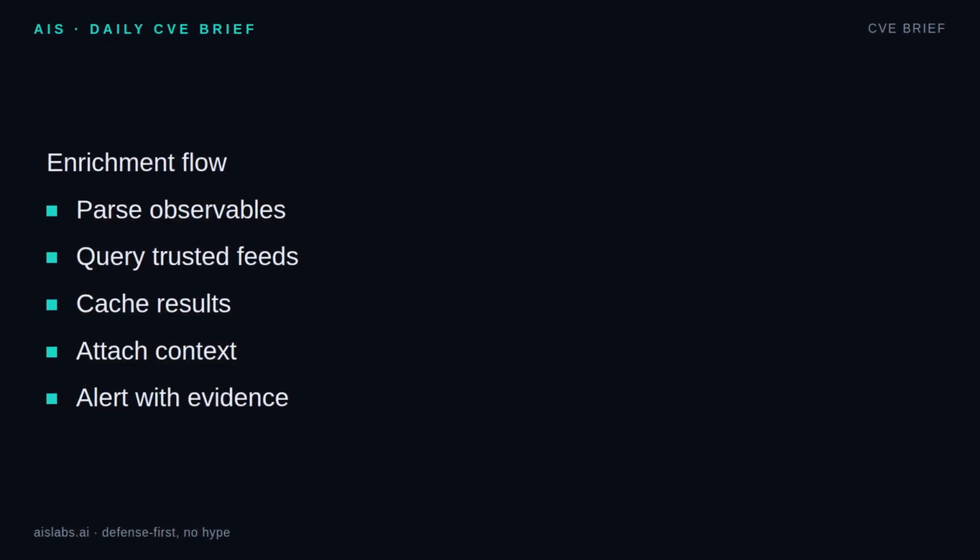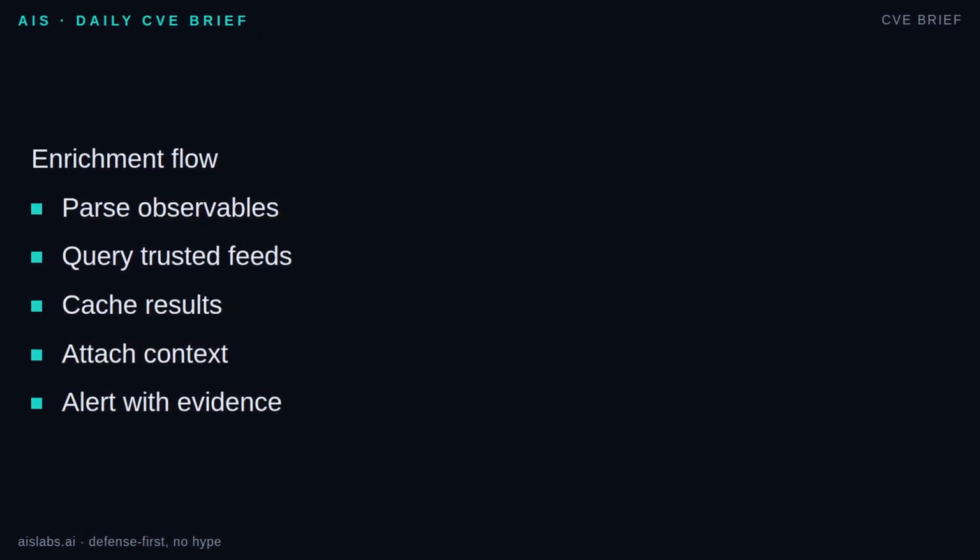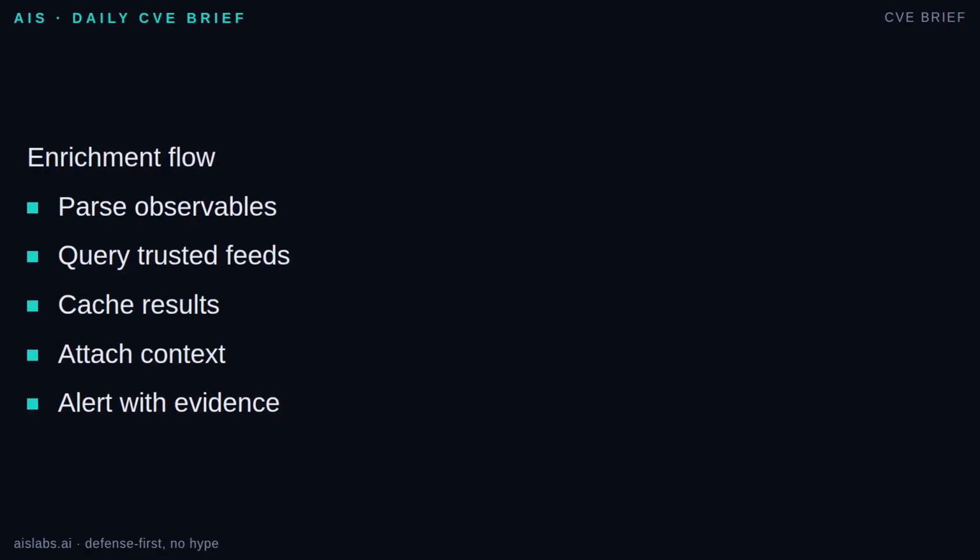Here is the basic flow. First, the SIEM or pipeline parses incoming events and extracts observables: IPs, domains, hashes, URLs, user agents, email addresses, and file names. Second, enrichment rules decide which values deserve lookups. Third, the pipeline queries approved threat intelligence sources, asset data, identity data, and internal case history.